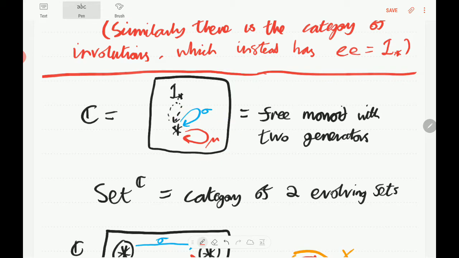For example, sigma, sigma, sigma, sigma, mu, mu, mu, sigma, mu, that kind of composition will also be an arrow in here, and so on. Okay, so that's why it's called the free monoid with two generators, the generators being sigma and mu.